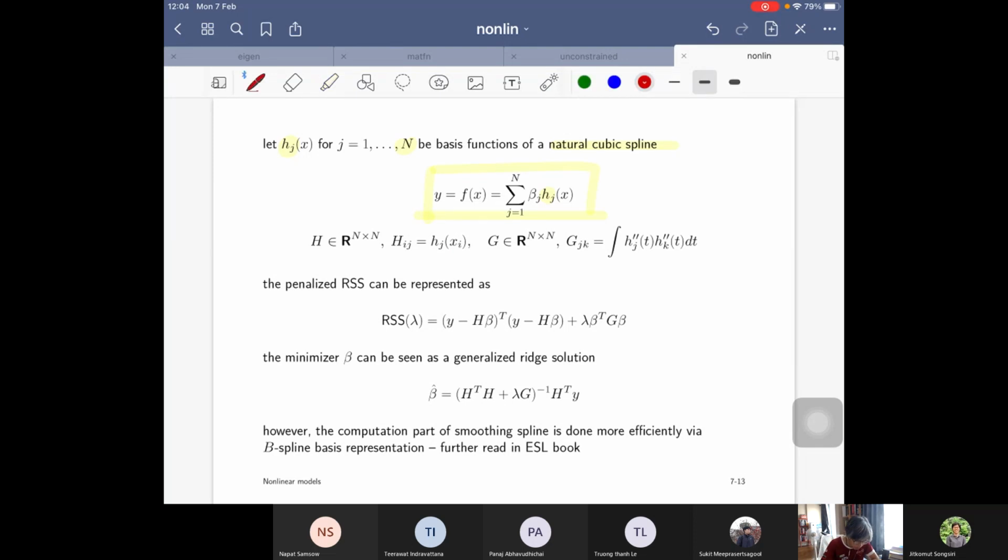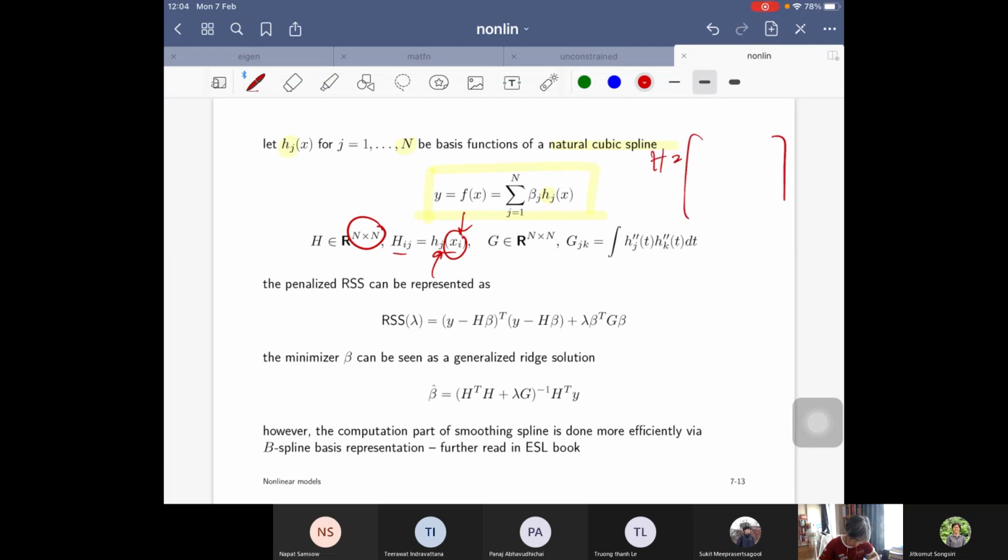Now I construct a matrix H, big N by big N, where H_ij is the basis function value of the jth basis evaluated on the ith sample.